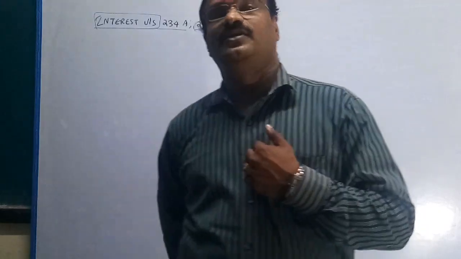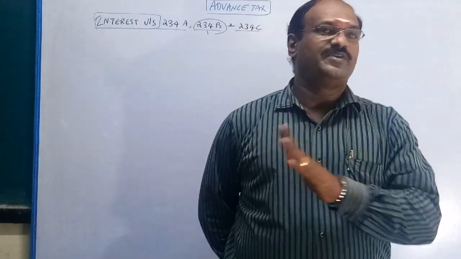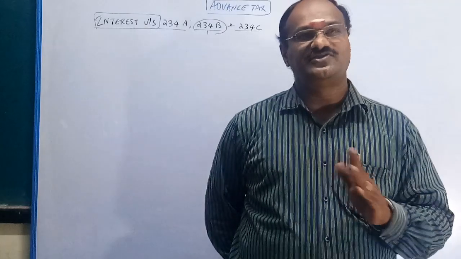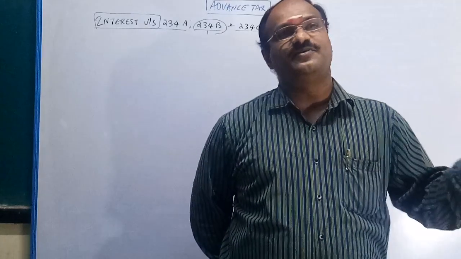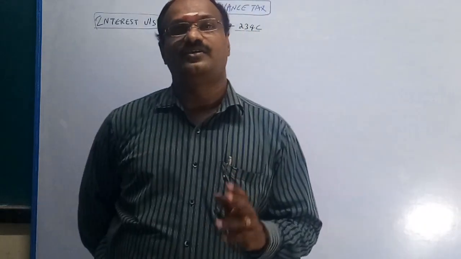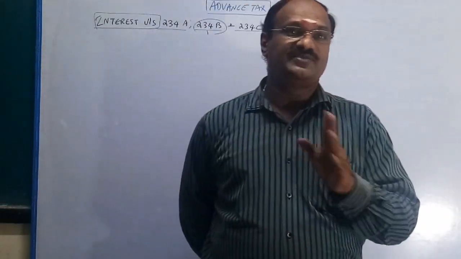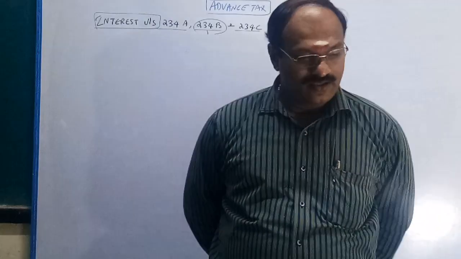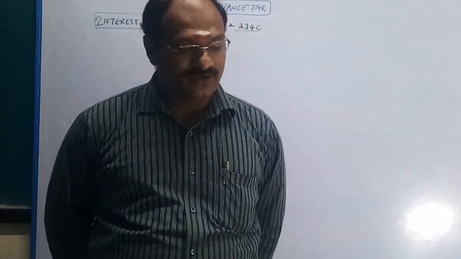In our example, in the previous year 2019-20, 234C is charged up to 31st March 2020. However, 234B commences from 1st April of the relevant assessment year. Very important note, note it down.